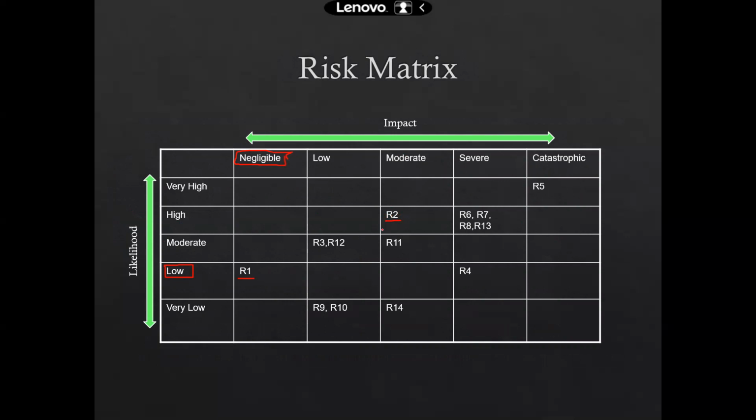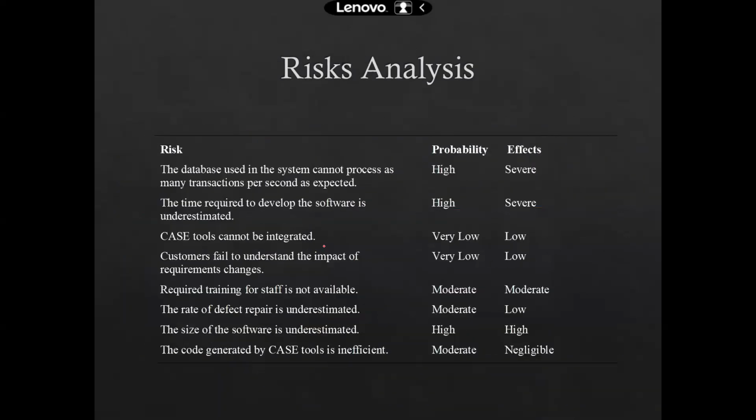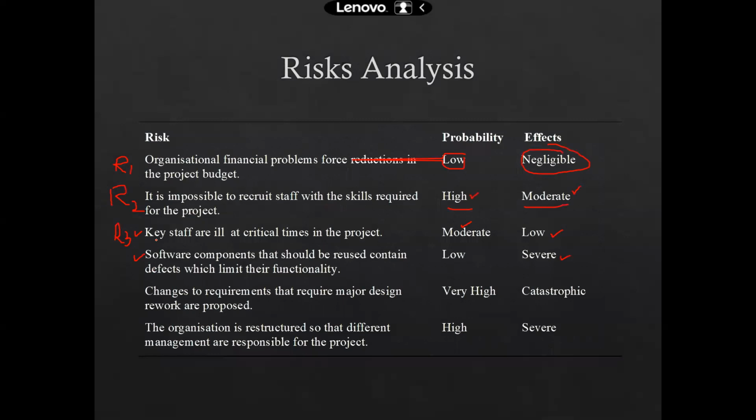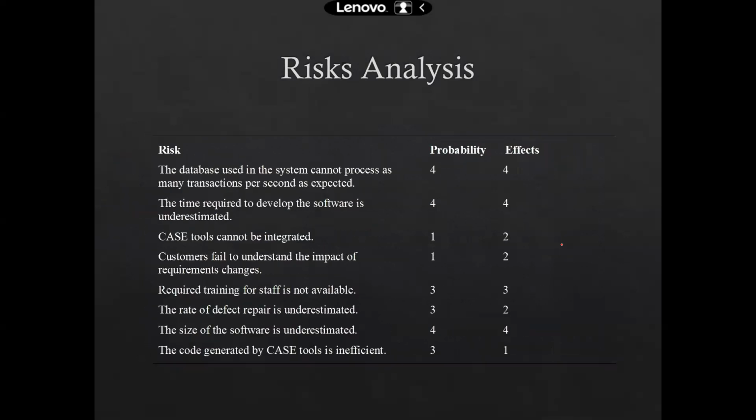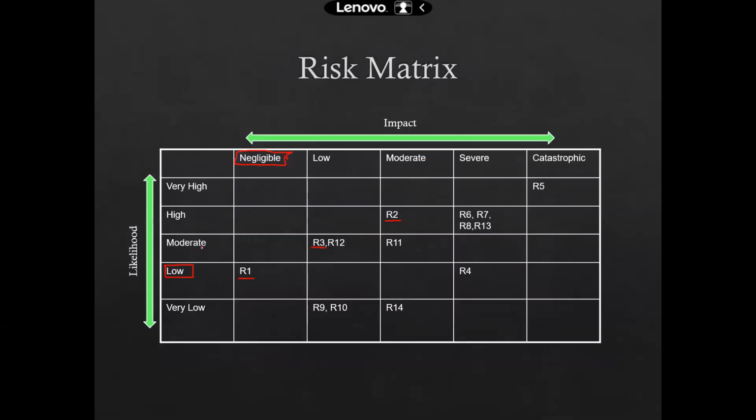So we're going to put R2 over here. Similarly, our R3, if we just go back, was moderate and low. So moderate is the probability of occurrence and low is the impact.